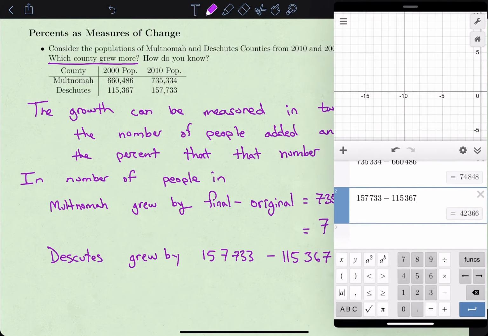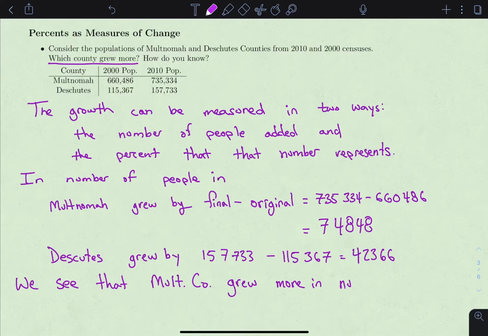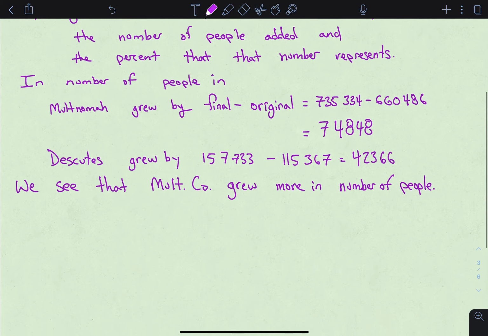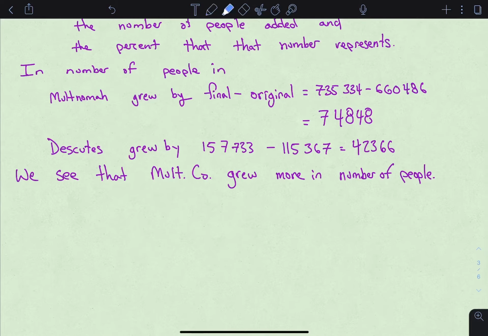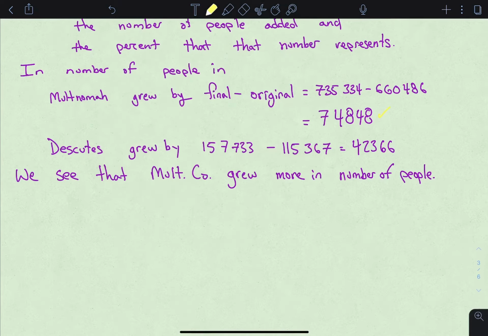So from there we see that Multnomah County grew more in number of people, just because 74,000 is bigger than 42,000.